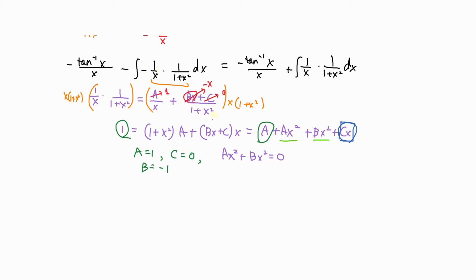Okay, this thing that we just found will go into here, so we'll replace that. Let me write the answer again. Inverse tangent x over x plus, since A equals 1, 1 over x plus, no, not 1, negative x over 1 plus x squared dx.